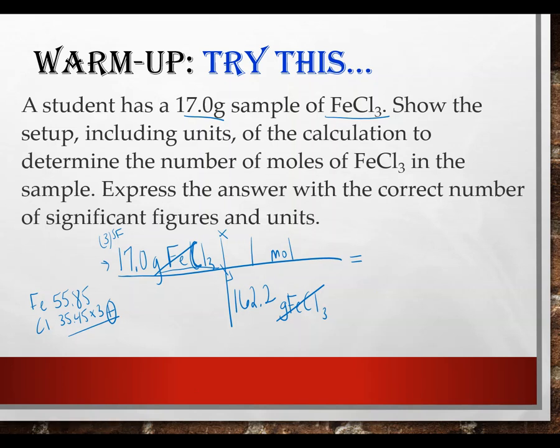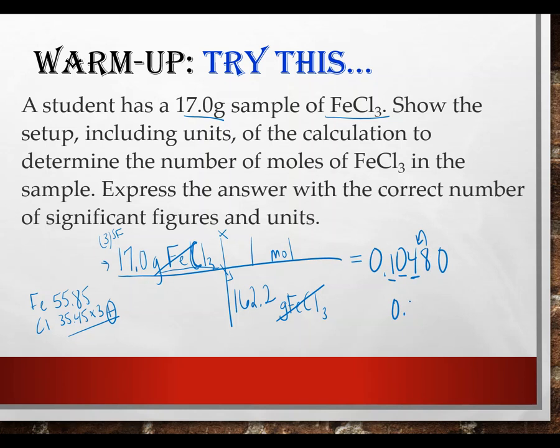so I end up getting a calculator answer of 0.10480. So this is the calculator answer. If I'm looking to rounding, I go to keep the 1, keep the 0. The 4 is the one I'm going to round now. Round it up because this is a 5 or above next to it.